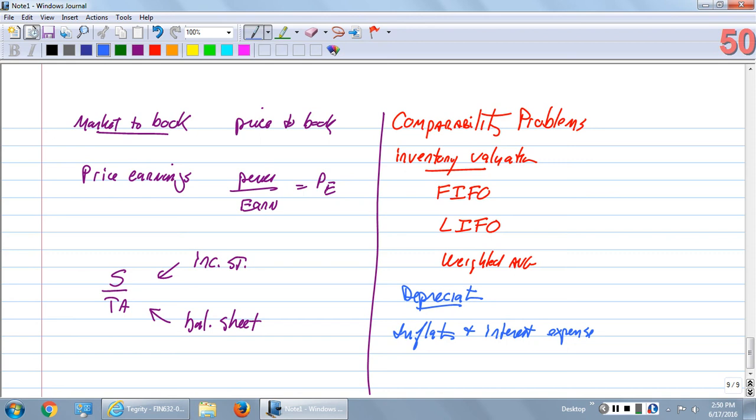Be able to dissect some financial statements that I might give you, and do a ratio analysis, and then be able to comment on the firm with respect to its liquidity, its leverage, its profitability, and so forth. That's going to do it.